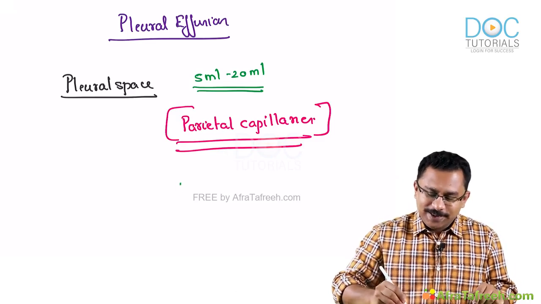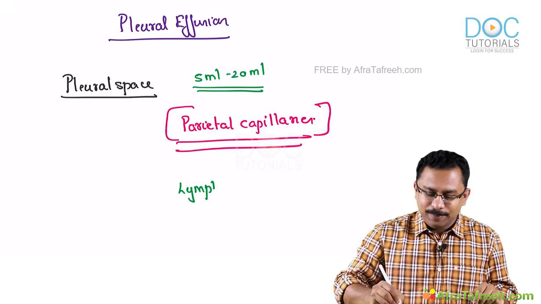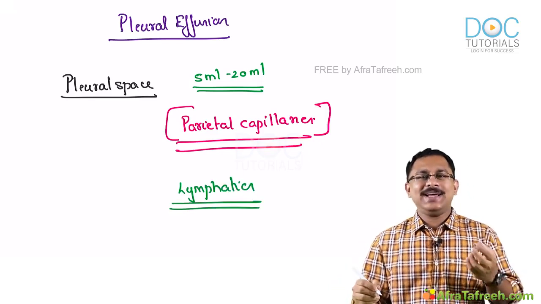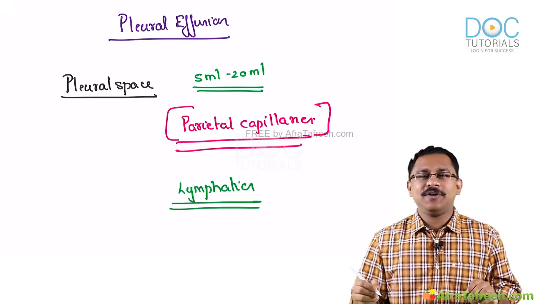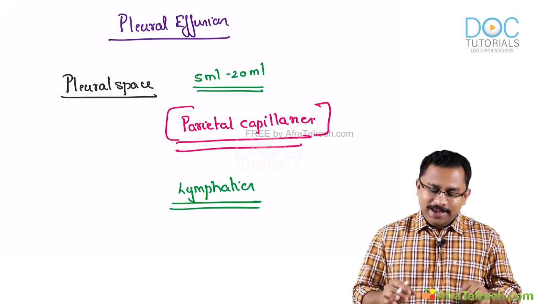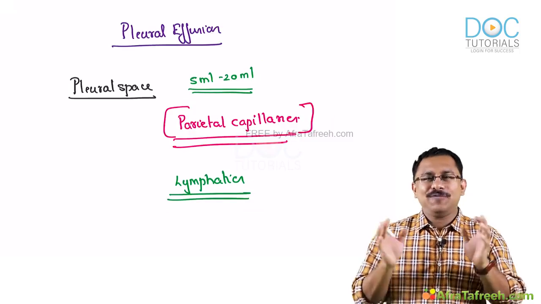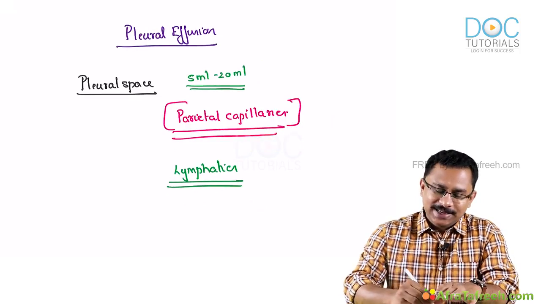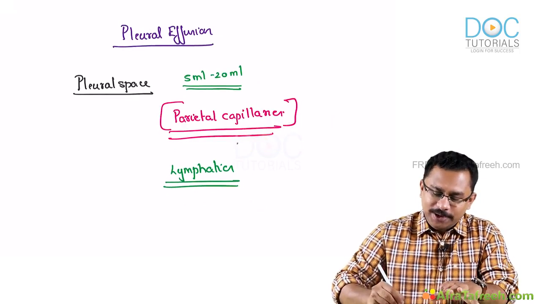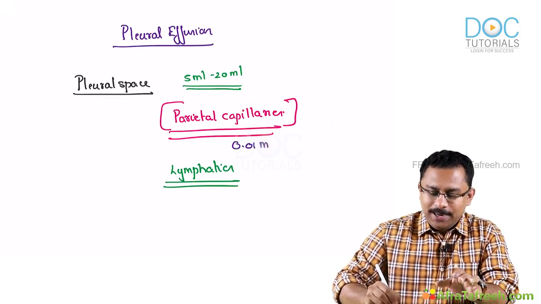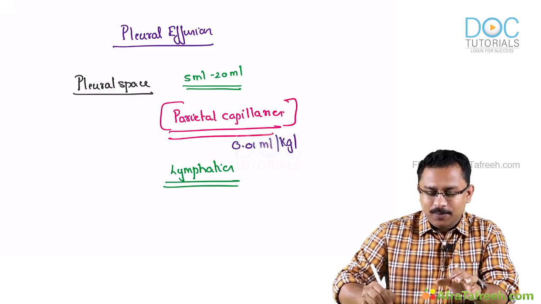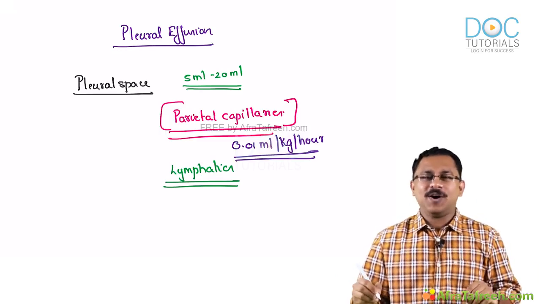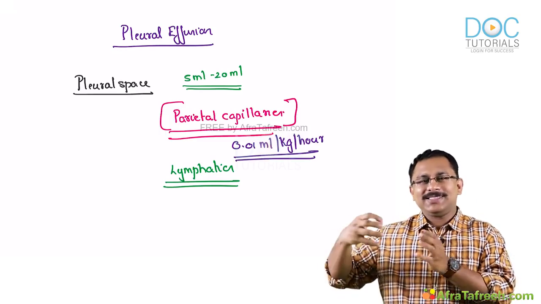So formation is by the parietal pleura capillaries, and the lymphatics of the pleura are involved in the reabsorption of the pleural fluid. The pleural fluid is formed from the parietal capillaries at a rate of around 0.01 ml per kg per hour.